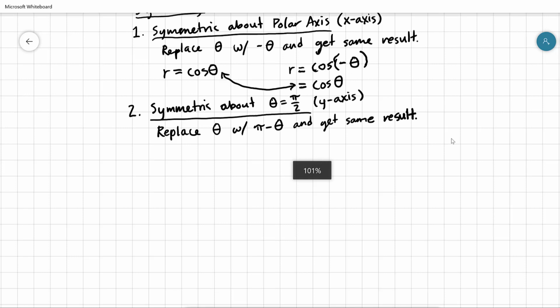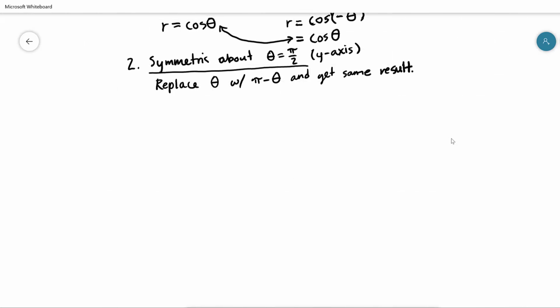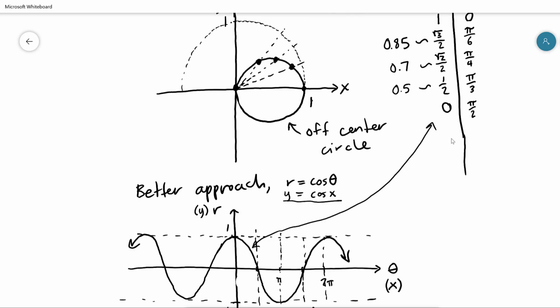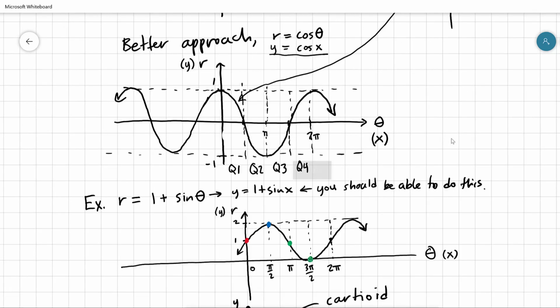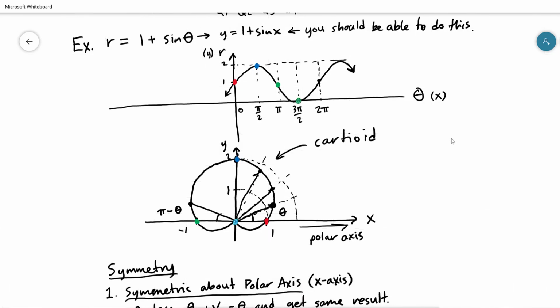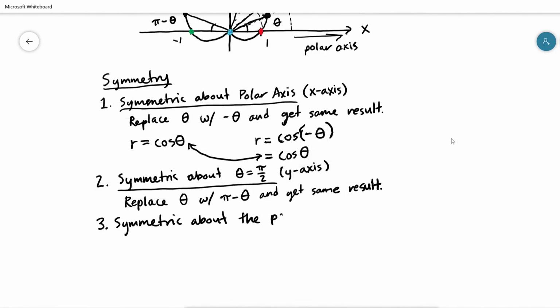And lastly, we can check to see whether something is symmetric about the pole, which is just a fancy way of saying the origin. So this is going to be like rotational symmetry.